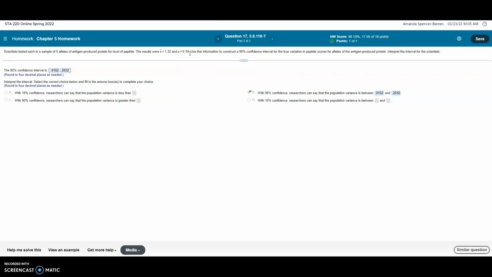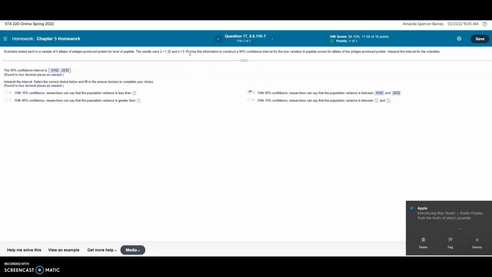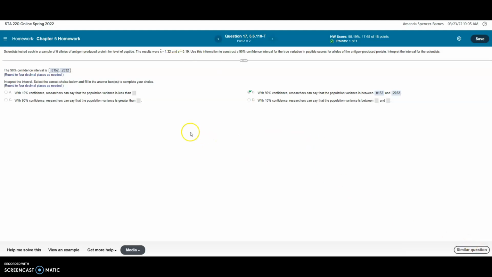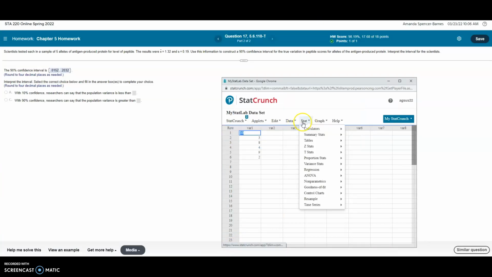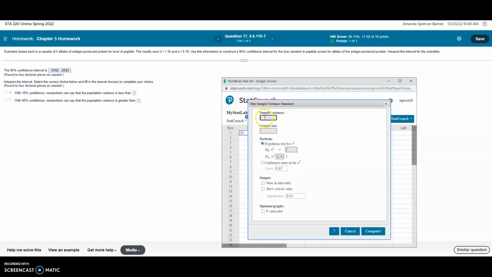And I think that's what throws a lot of students off with this question, is just the fact that we're given the standard deviation, but when we open up Statcrunch and we choose that variance option, it's asking us for the variance.